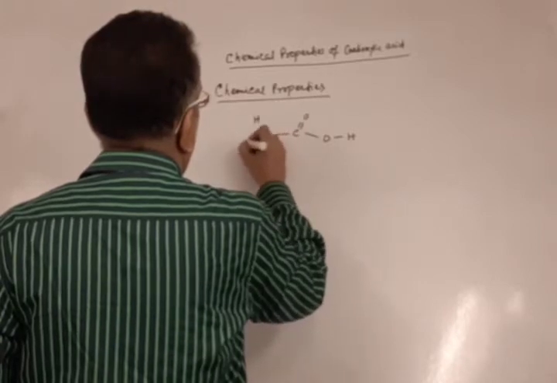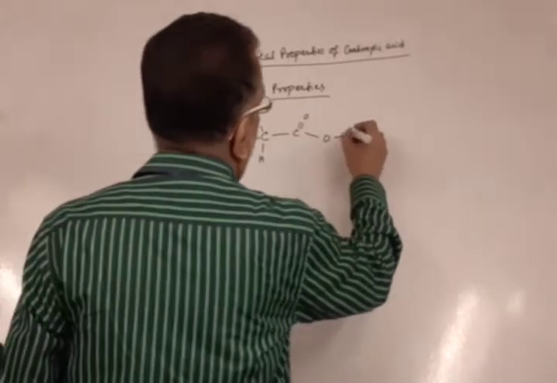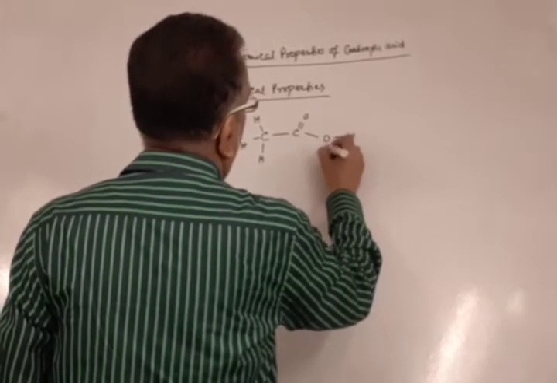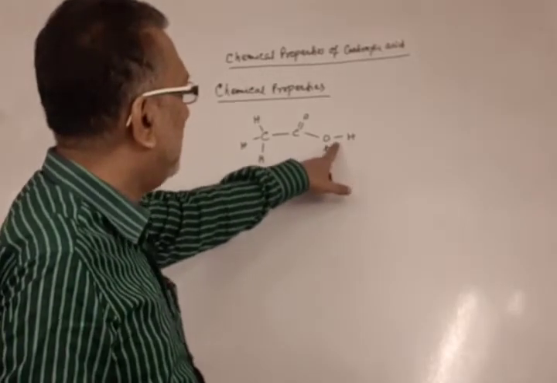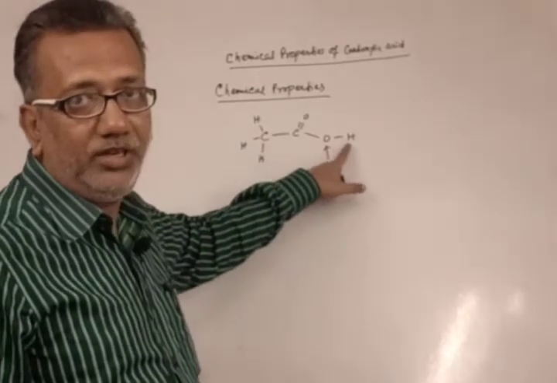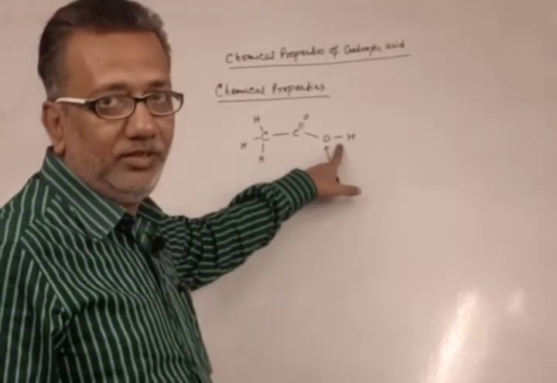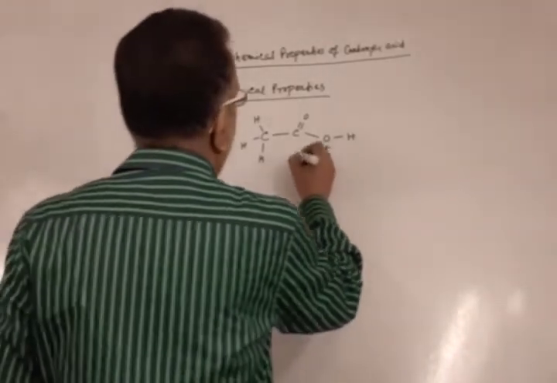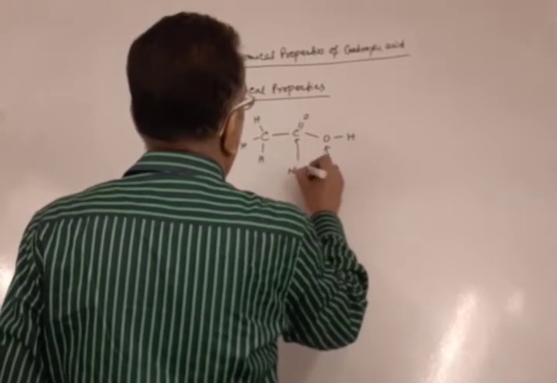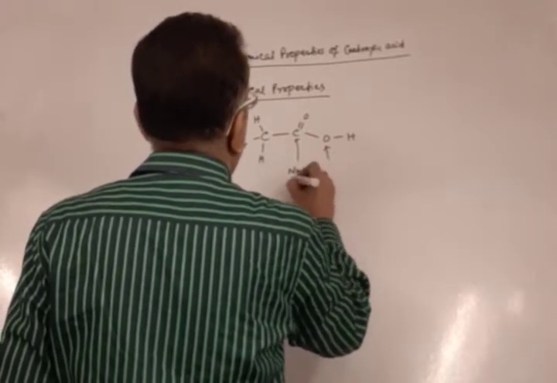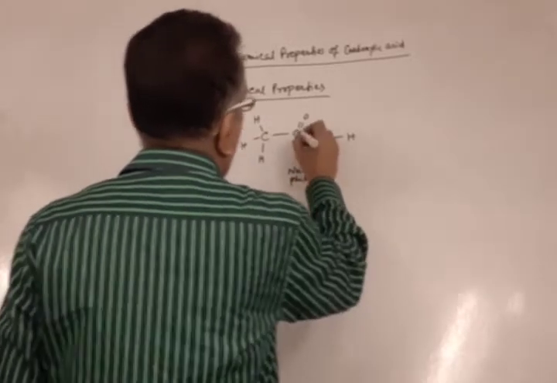The first is this attacking site. Here, because oxygen is more electronegative than hydrogen, there is a chance of dissociation. Next is the nucleophilic attack at this point.